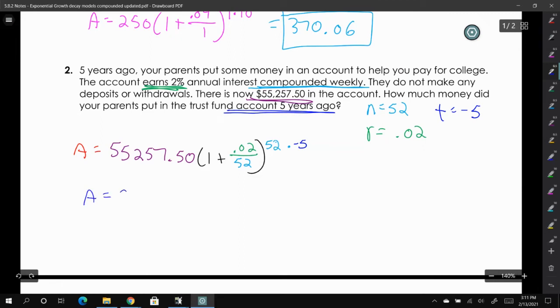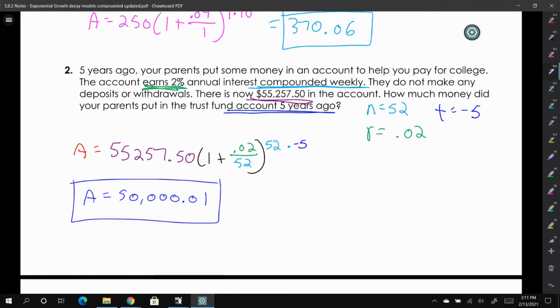So A equals $50,000 and 1 cent. So there is your answer. So all of this stuff looks way more complicated than it is. You just have to get good at plugging in the values in the correct spot for the formula.